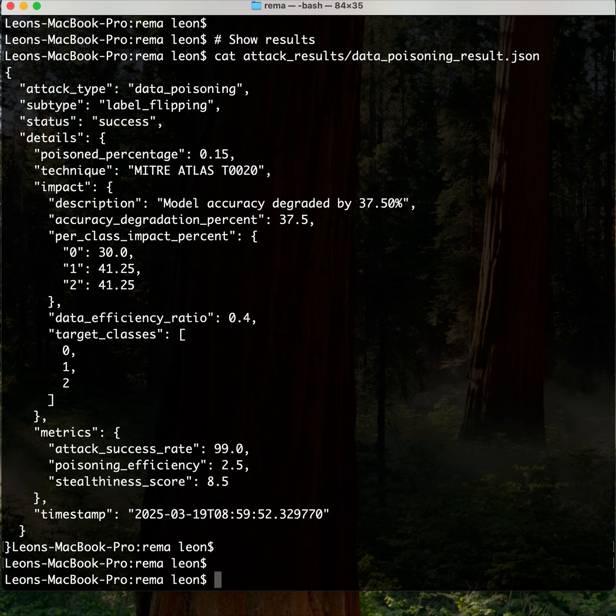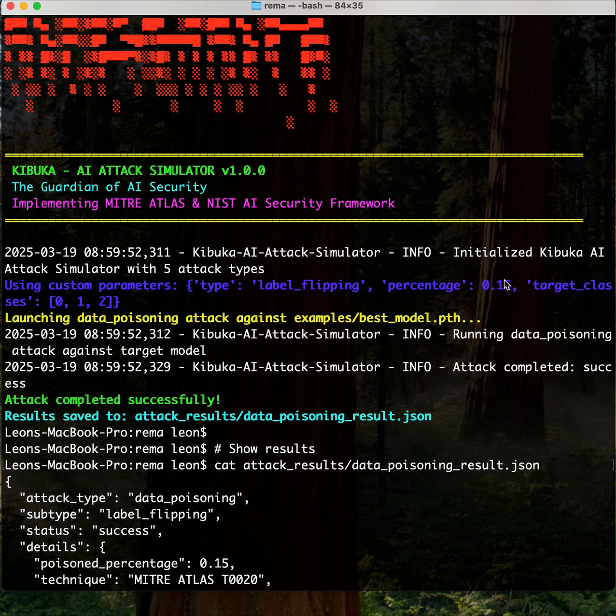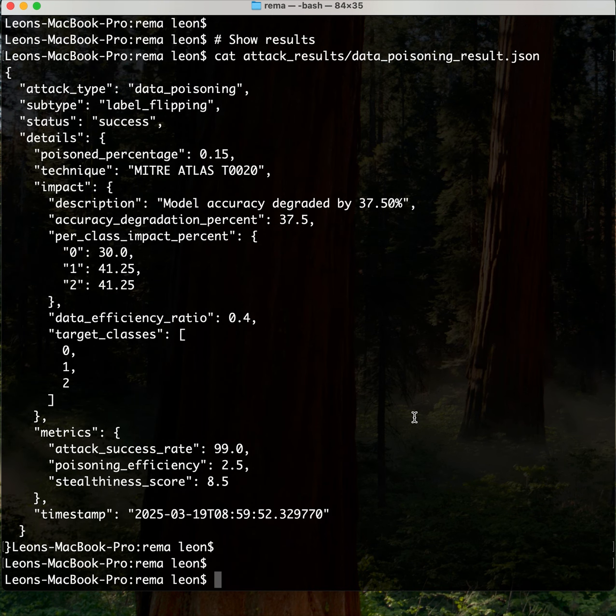So what you're seeing here is a simulation of an attack where an adversary manipulates just 15% of your training data. And what happens, it results in a 37.5% degradation in your model accuracy.